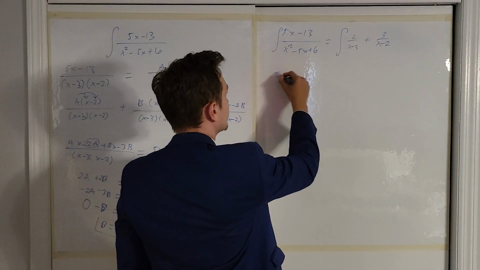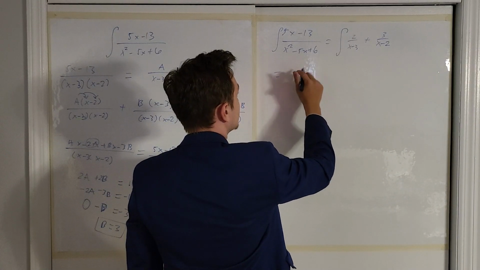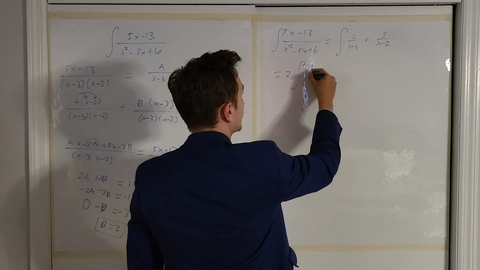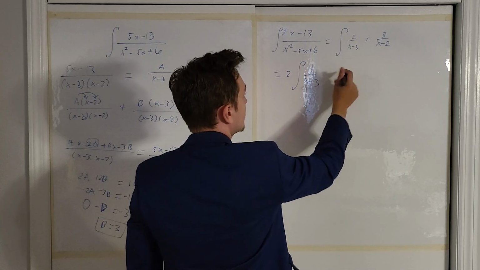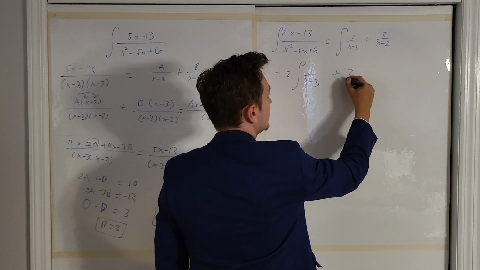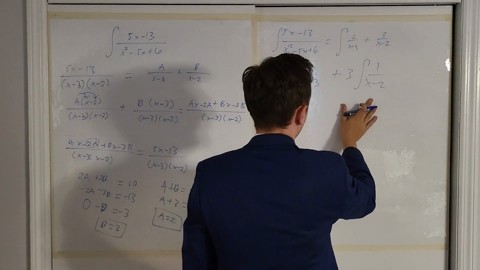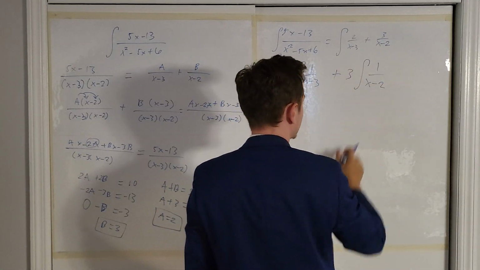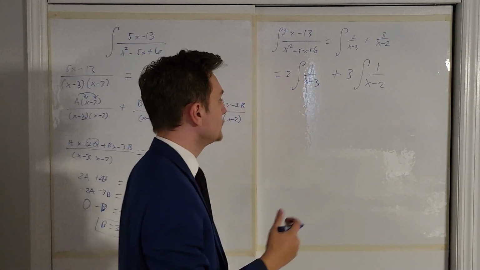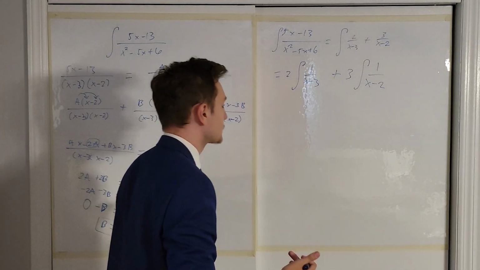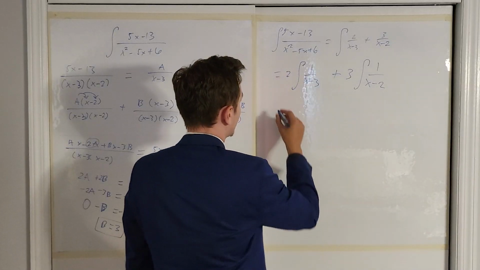And I can simplify it further by saying this equals 2 times the integral of 1 over x minus 3 plus 3 times the integral of 1 over x minus 2. Now what I have here are two integrals that I know how to solve. First I'm going to use u-substitution.